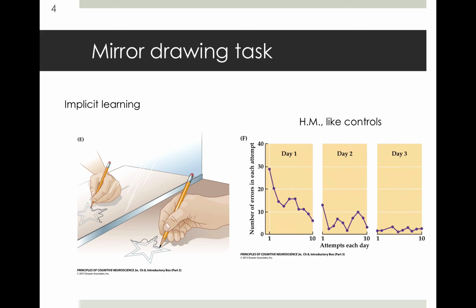And HM, it turns out, much like normal control subjects, shows a decrease in the number of errors, which also mirrors a decrease in reaction time over the course of different trials, repetitions of this kind of task. So he got a lot better at this over time. Now, this is one example of an implicit learning task.